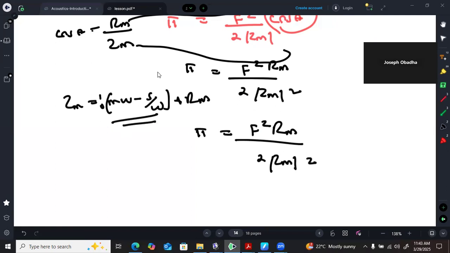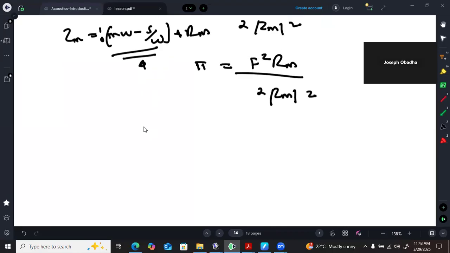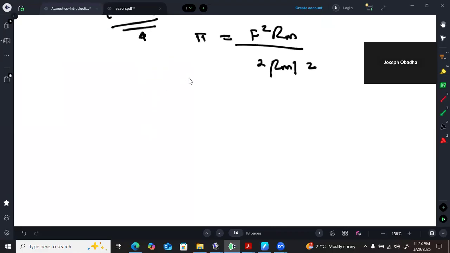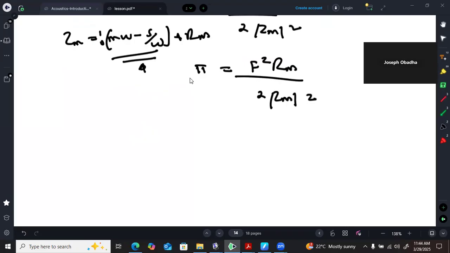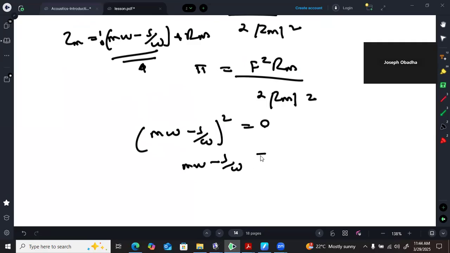We'll equate this component to 0, so that we have (m omega minus s over omega) squared equal to 0, so that I have m omega minus s over omega equal to 0.